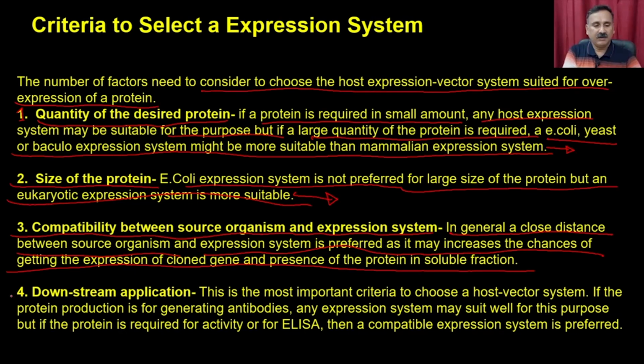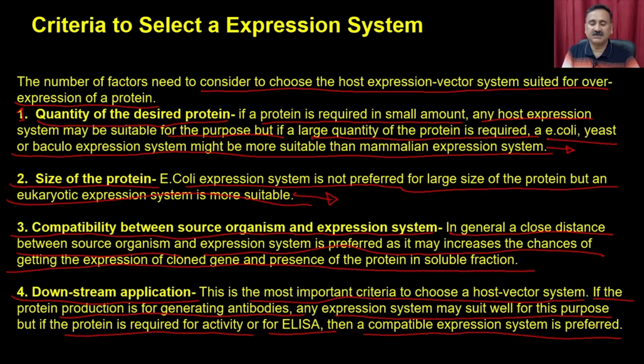Then we also have to see the downstream application. This is the most important criterion to choose a host vector system. If the protein production is for generating antibodies, any expression system may suit this purpose, but if the protein is required for activity or for ELISA, then a compatible expression system is preferred. So the downstream application, which means where you are going to use this particular protein, is a very important criterion to select any of these hosts.